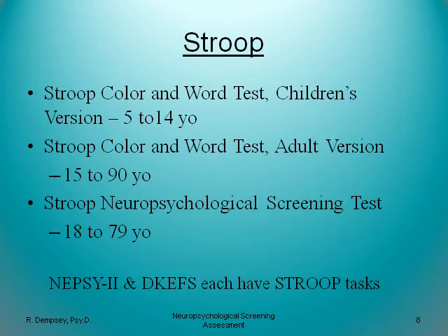But in general, the two that are out there have a word reading, and then color naming, and then you're supposed to name the color of ink that the words are printed in. It's a fun test. And they have a children's version, aged 5 to 14. They have the adult version, and then they have the Stroop Neuropsych screening test, which is from 18 to 79.